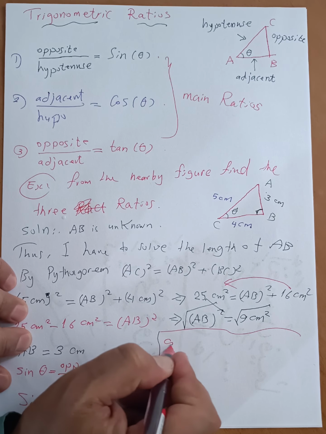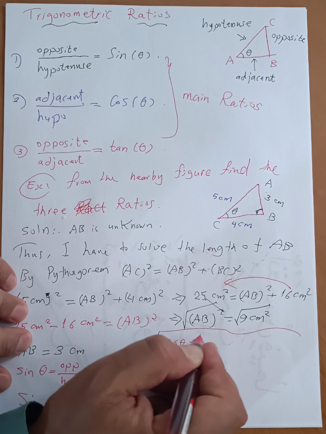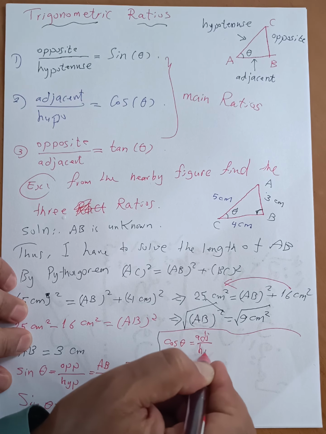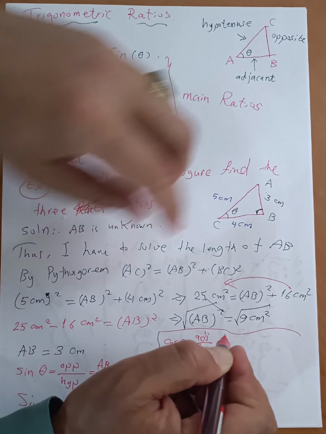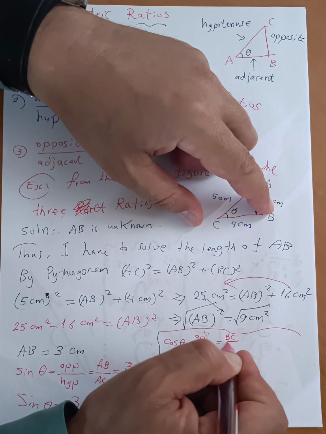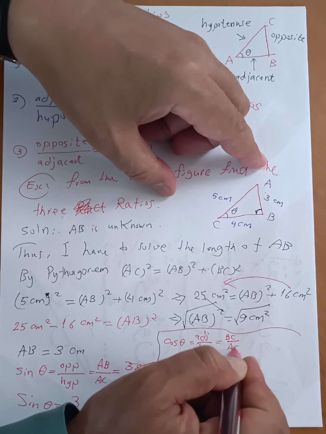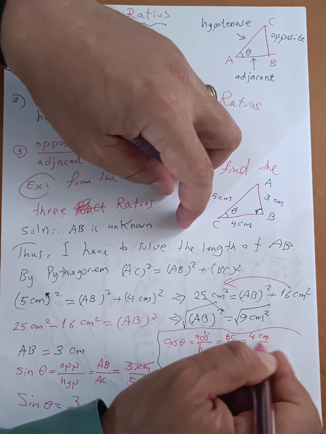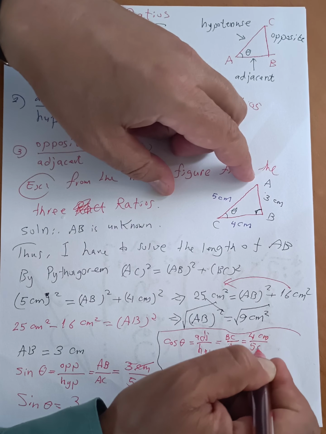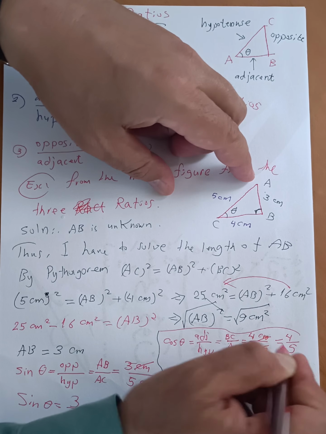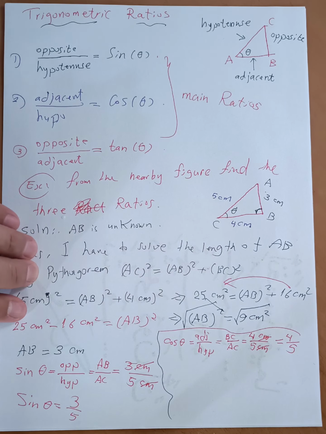Now, cosine of theta equals the adjacent divided by the hypotenuse. The adjacent BC, 4 centimeters, by AC, 5 centimeters. I cancel the units. It equals 4/5. Now let's go to tan theta.